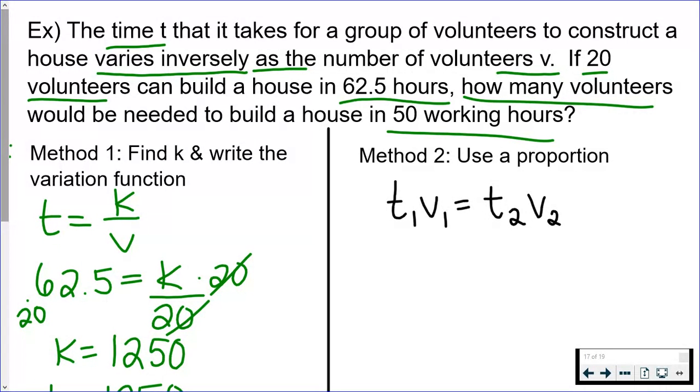So you're just going to pair up the time with the appropriate volunteers multiplied together on either side of the equal sign. The first piece of information we were given is that 20 volunteers build the house in 62.5 hours. So I'm going to use that as my T1 and my V1, time and volunteers.